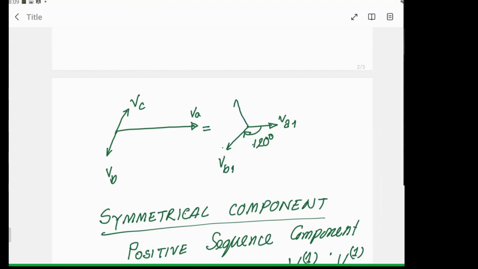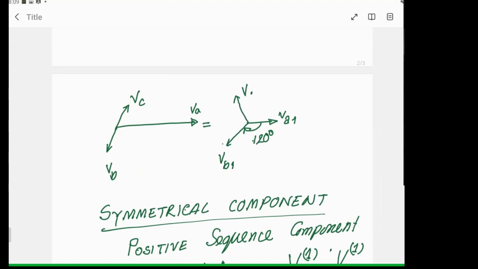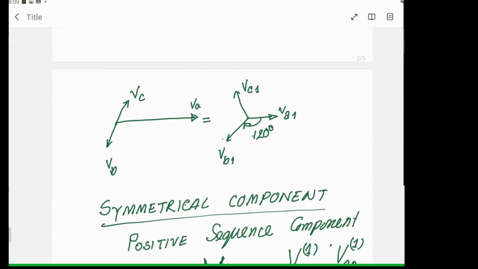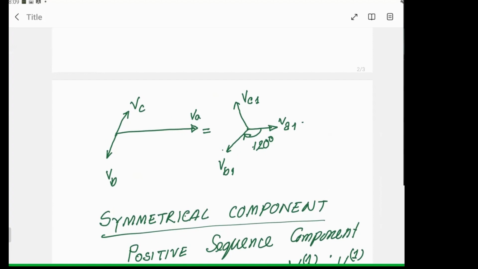And then C1 should also be 120 degrees apart. Now if I have this one, I will decompose it. We will talk about this addition.